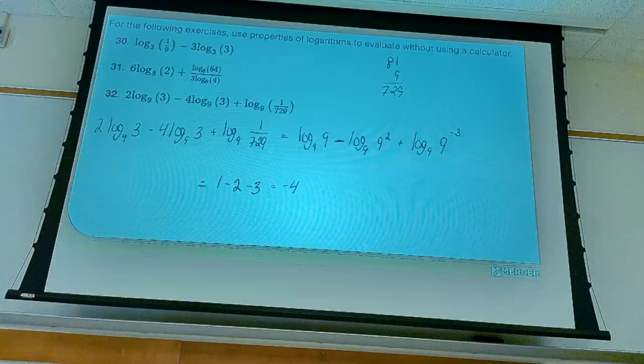So if 81 times 9 is 729, that means 729 is 9 times 9 times 9, 9 cubed. That's how I recognize that as a power of 9.